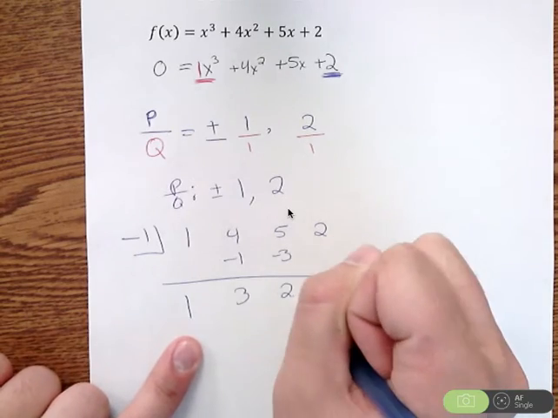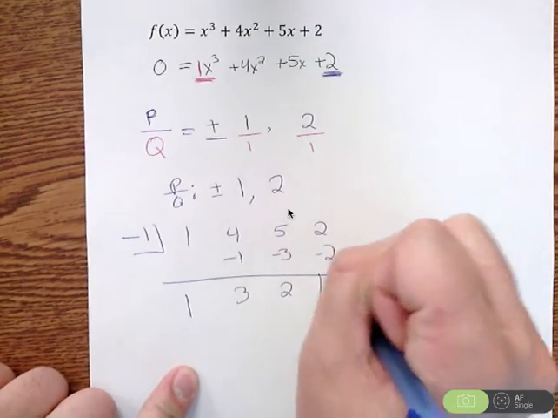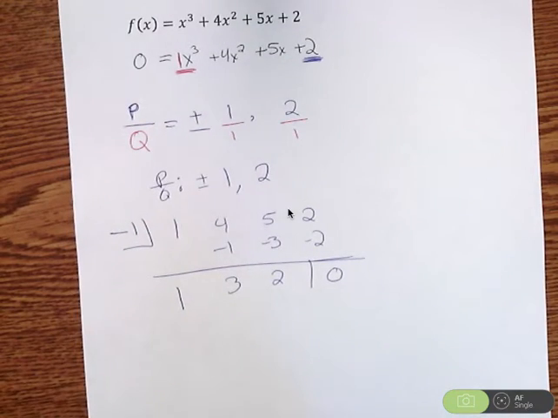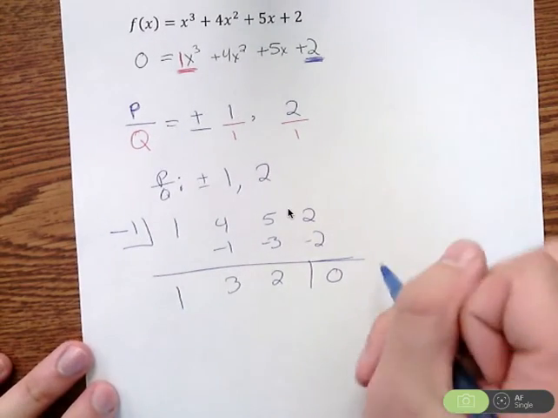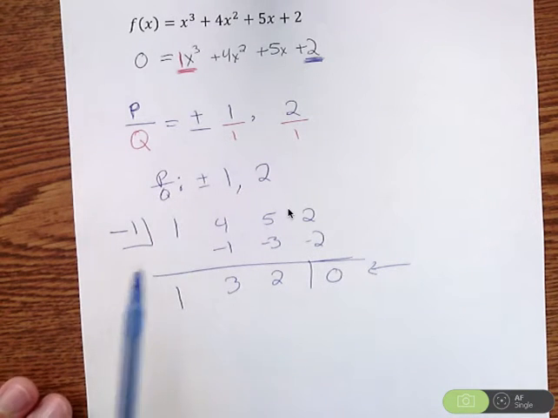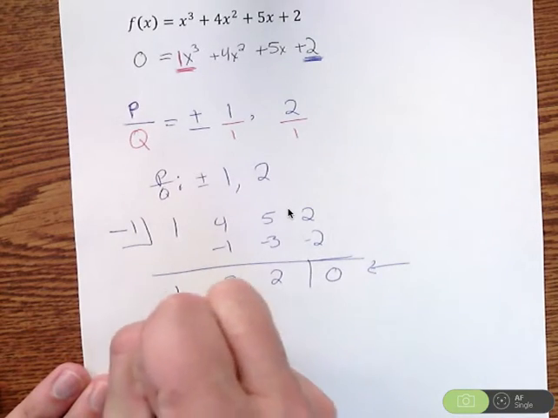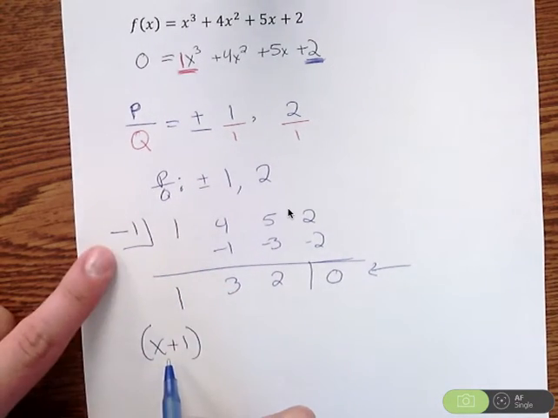Add down, you get 2, multiply up, you get negative 2. Add down, and you get 0. So we got a remainder of 0. Remember back earlier in this chapter, when we did synthetic division of a polynomial and we got a remainder of 0, that meant that we have found a factor. Since I used negative 1 in my box, my factor associated with that is going to be x plus 1.